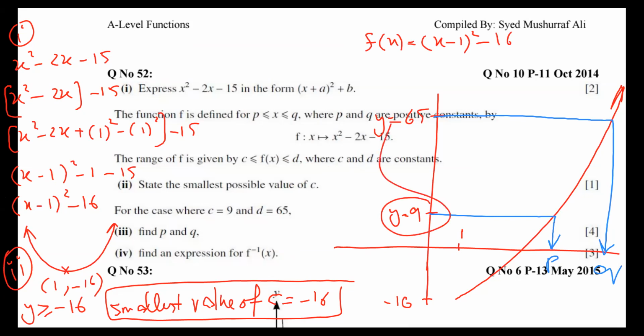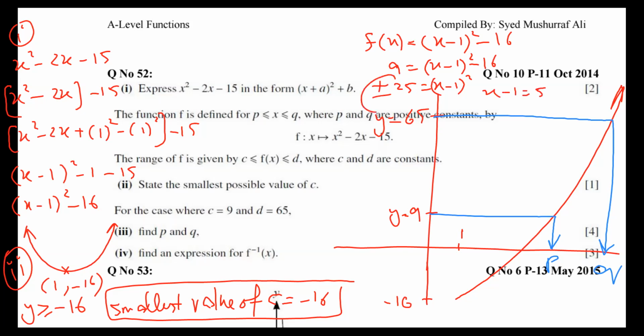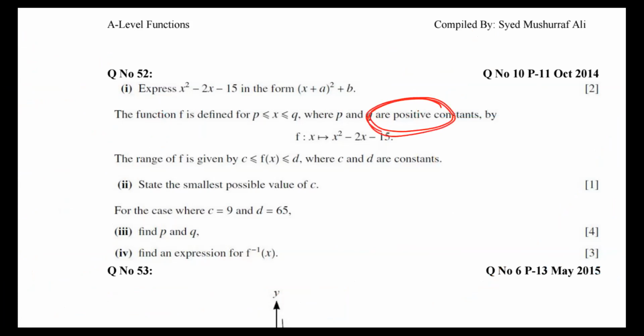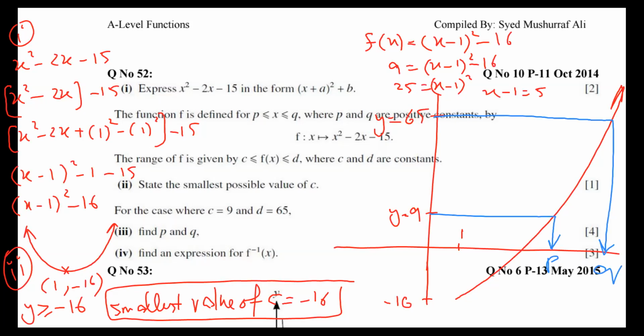First I'm putting 9 here: 9 equals (x minus 1) whole square minus 16. 16 goes to the other side, it becomes 25 equals (x minus 1) whole square. Take root of both sides, it becomes x minus 1 equals 5. I have two options, either plus or minus, but I will take the positive number only, so I will take the plus value only. Imagine if the domain were negative, then you must take negative 5.